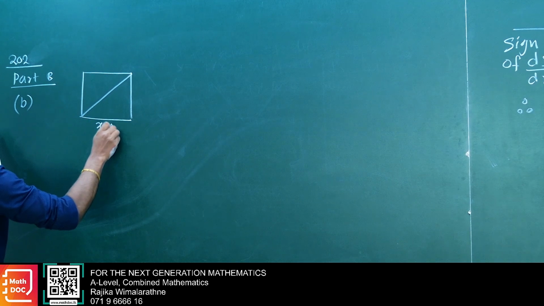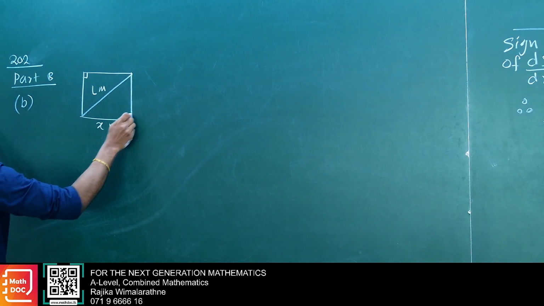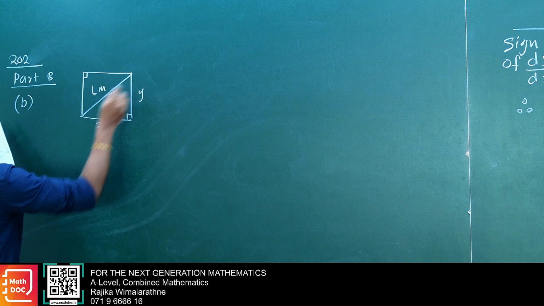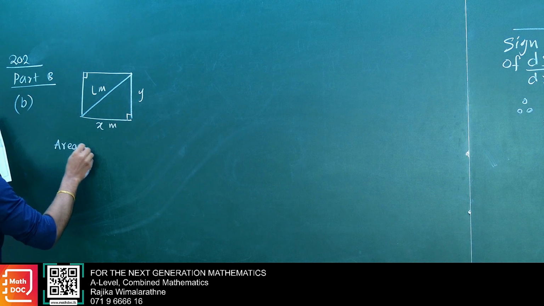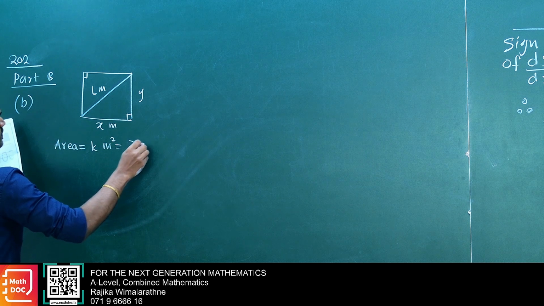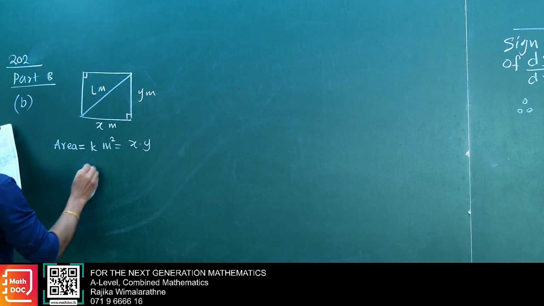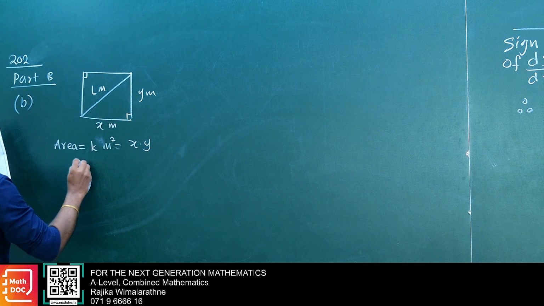Here x in meters, capital L in meters, a rectangular shape. Take here y. Then the area K square meters equals x times y.